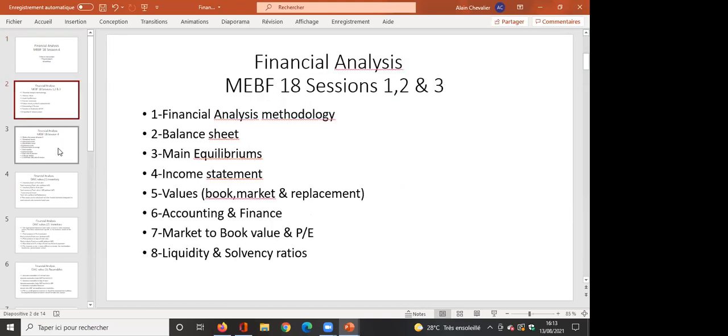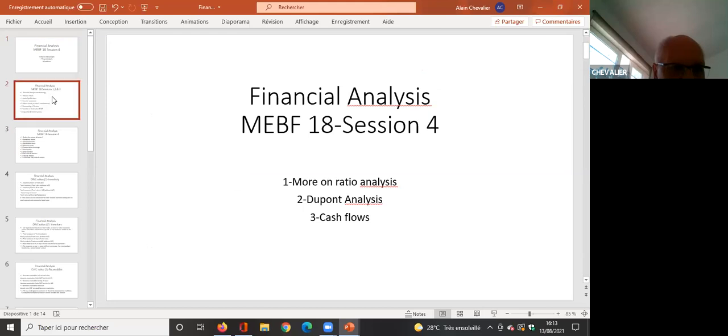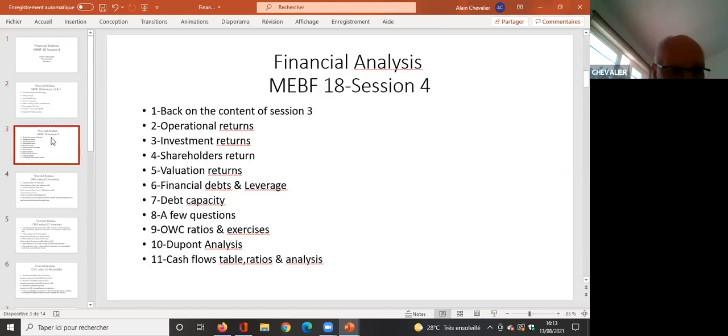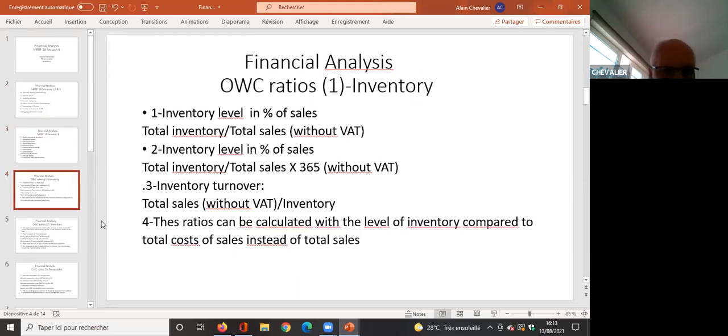So remember what we do. We have been through 3 slides here already. And now I use slide number 4, which is operating working capital ratios, and it is the case of inventory. So remember, we moved from liquidity to returns, from returns to shareholders, and to multiples.